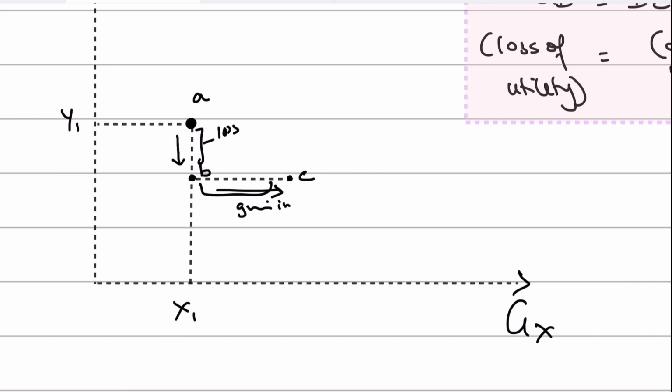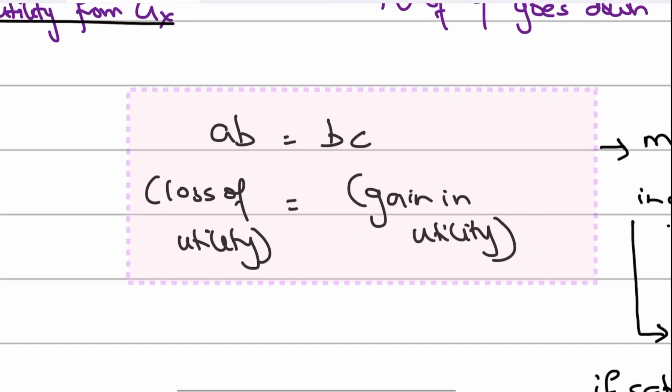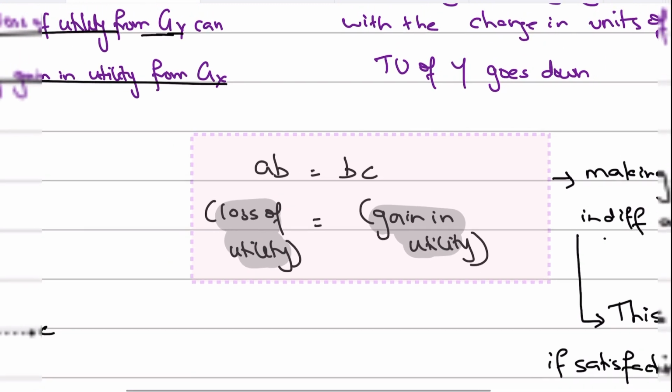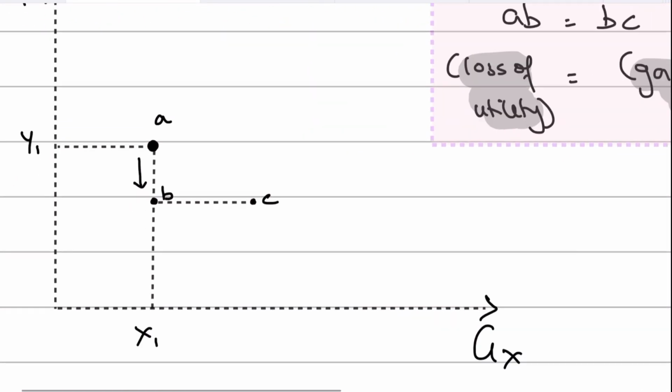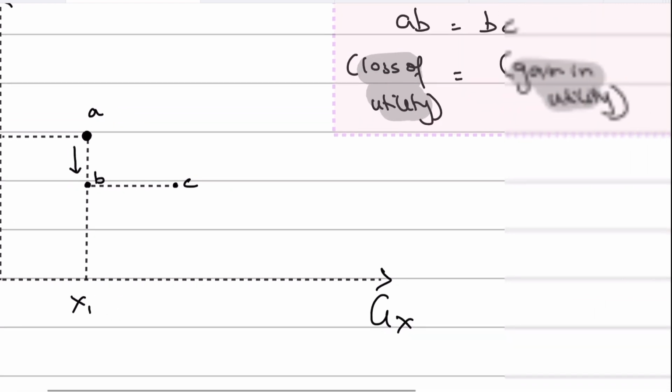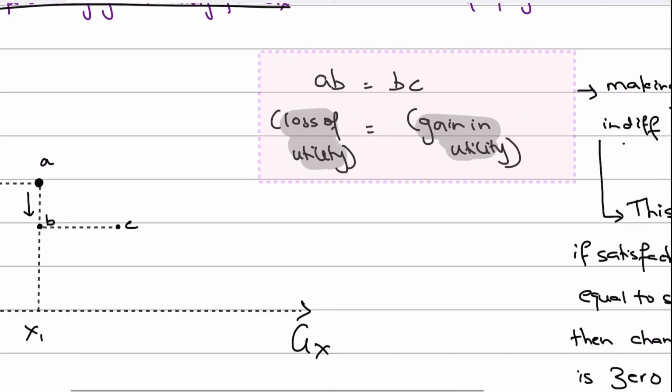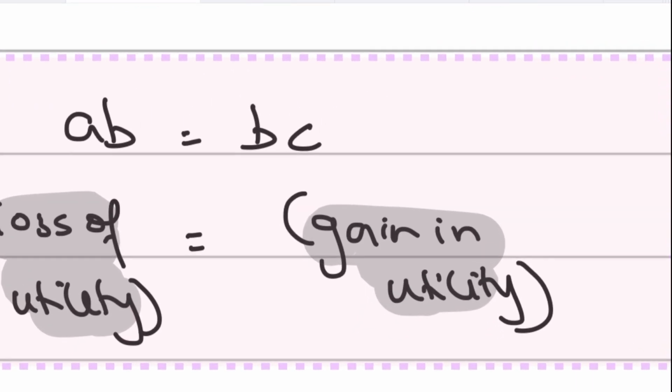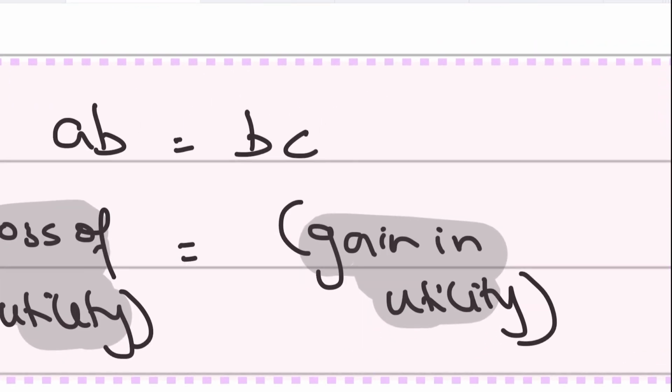So we could say that AB is loss of utility while BC is gain in utility. BC is telling us the gain in utility or satisfaction by consuming more of X. And if you want to calculate how much utility you have gained by consuming more of X, you could do exactly the same thing that you did for calculating how much utility was going down.